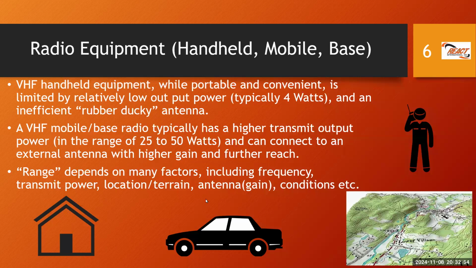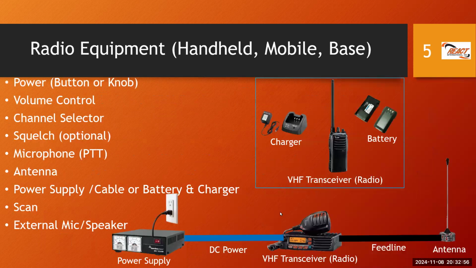So the same physical radio, this one here at the bottom, could be installed in a vehicle and it could be installed on a base station, but how it's power supplied. So in a base station, you may use a power supply and that's fine. But for emergency preparedness, we generally suggest that you have the option either of a UPS or preferably a battery that you can charge. It can last maybe several days, if we were to lose power. That's part of being emergency prepared, right?